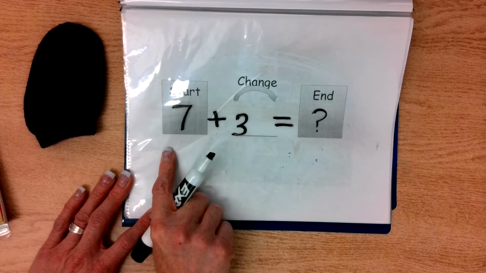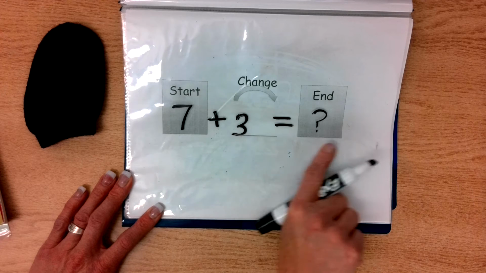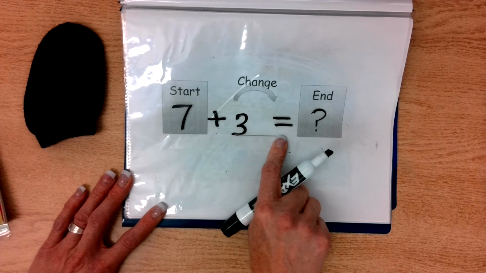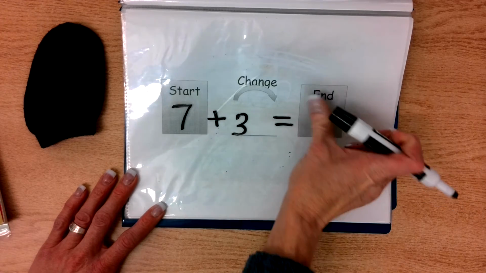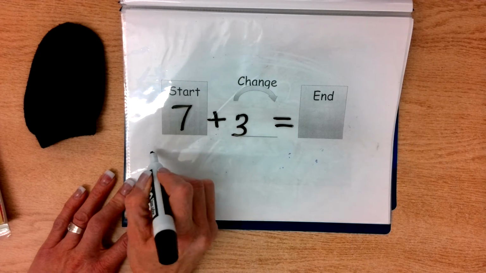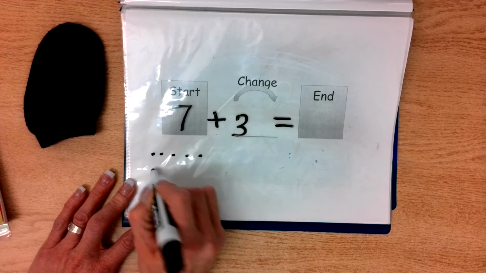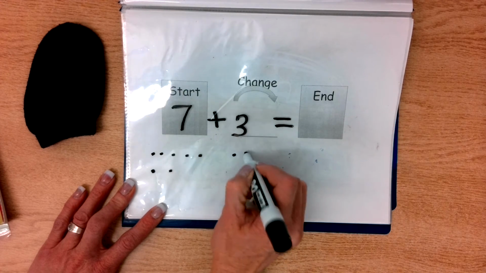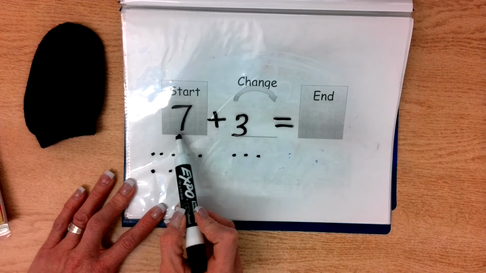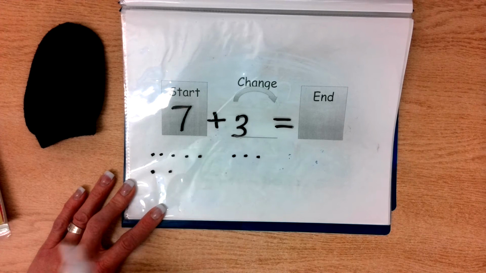So this would read 7 plus 3 is equal to, and then your answer would go here. So what is 7 plus 3? You could draw 7 circles, 1, 2, 3, 4, 5, 6, 7, and then 3, 1, 2, 3, and you could add them all up. Or you could say 7 and then add up the extra.